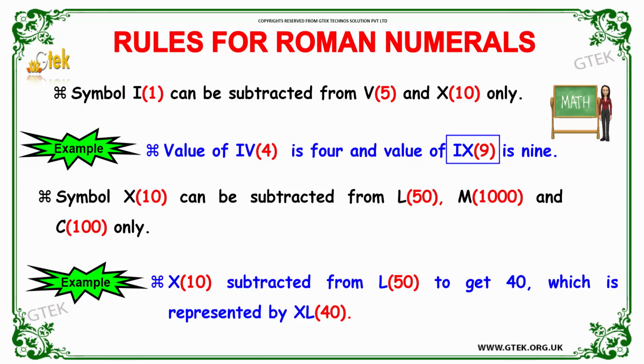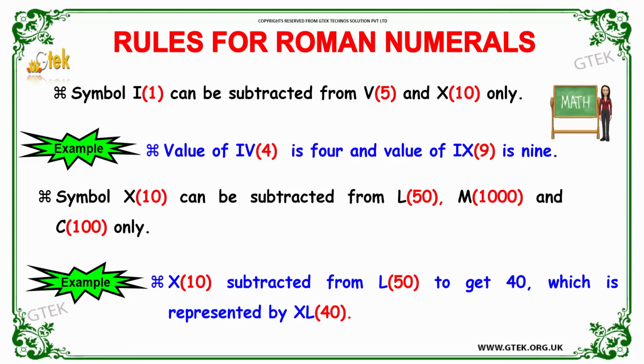So this example illustrates that the lower value symbol, that is 1, which is I, can be subtracted from 5 and 10 only. So IV, in the sense 5 minus 1, is 4, and the value of IX is nothing but 10 minus 1, which is 9.